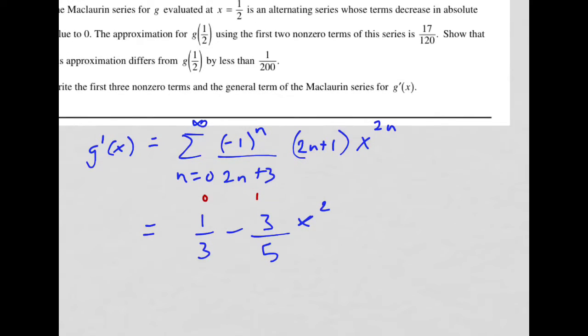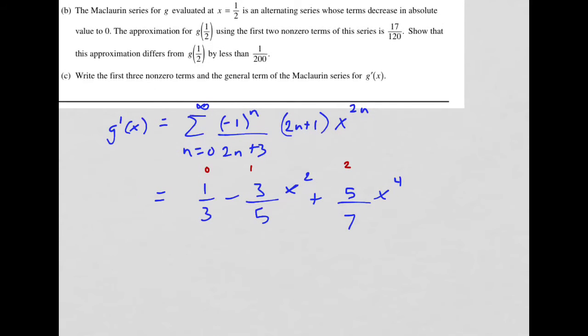This is so easy. Plus now I'm plugging in 2. I find this really helpful, writing down my n values so I don't get confused and forget. So I plug in 2 and I get positive 5 over 2 times 2 is 4, plus 3 is 7, x to the 4th.